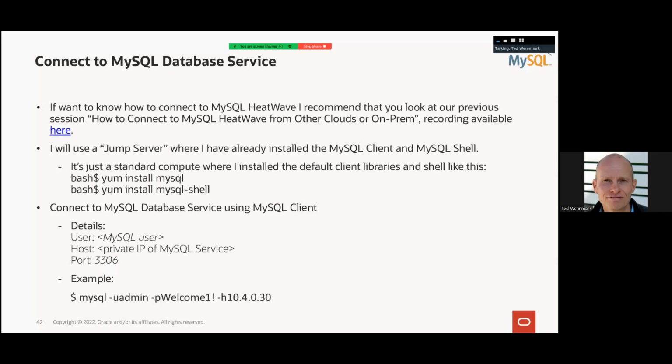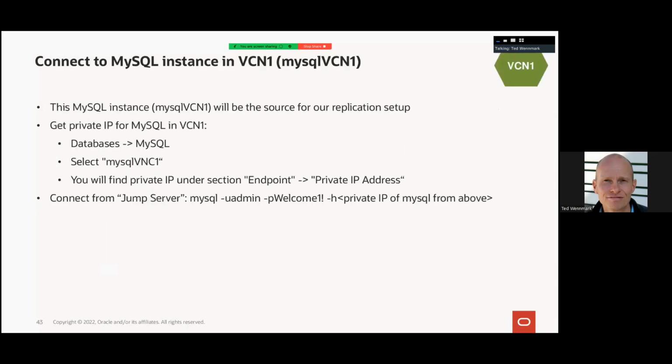Since I'm using a user called admin and the password welcome1!, this is how I'm connecting to the database. It's really simple. I will show you that later also. But if you're worried about how to connect to a MySQL HeatWave database, this was covered, and there's a really good 30-minute session by Stuart on how to do that. That was our previous session.